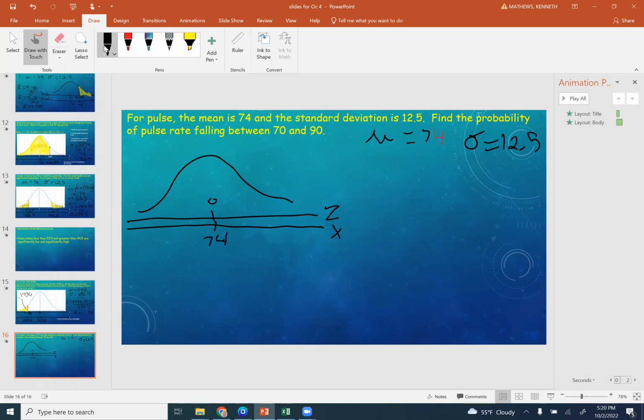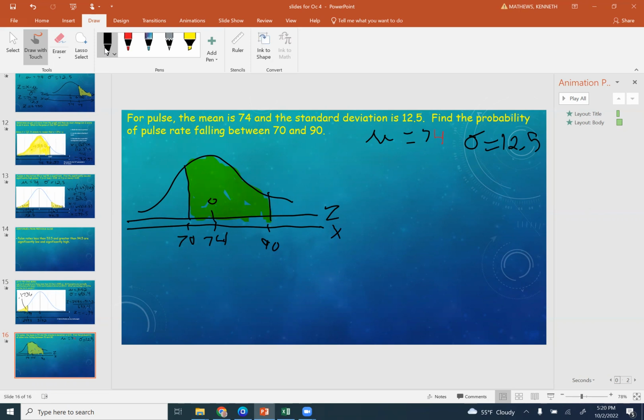Now we want to know falling between 70, which would be right here, and 90 over here. So let's make a partition and shade the area that we want. Okay, so we're trying to find that area.